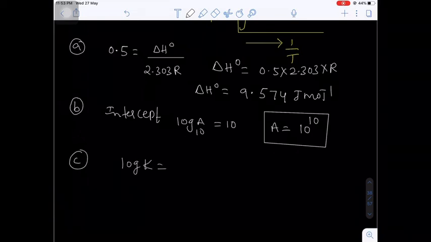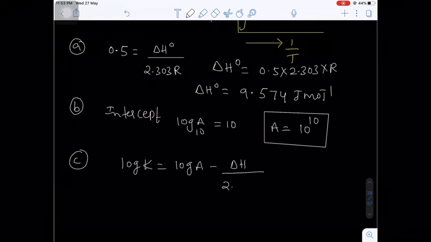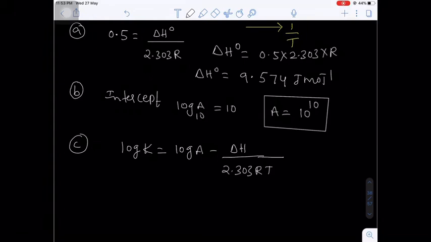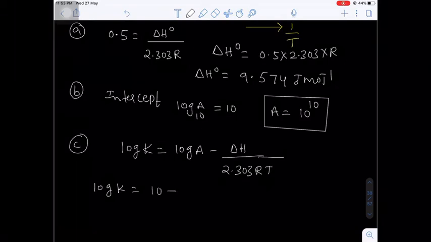Now come to the third question. Here log K is equal to log A minus delta H by 2.303 capital R into T. In this question we have to calculate the K value.